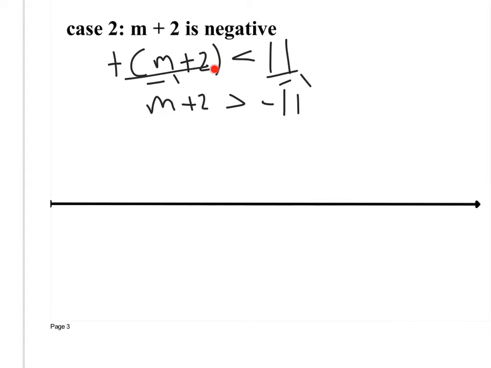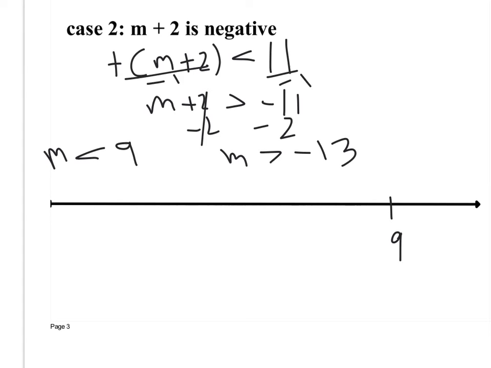Some people don't. Some people have to write it out this way and remember, okay, now I change my sign, I'll make that negative. Now I just solve for m, so I subtract 2 from both sides. m is greater than negative 13. Now don't forget your case 1, which was m is less than 9. So you need to graph those two on the number line. So here's 9.